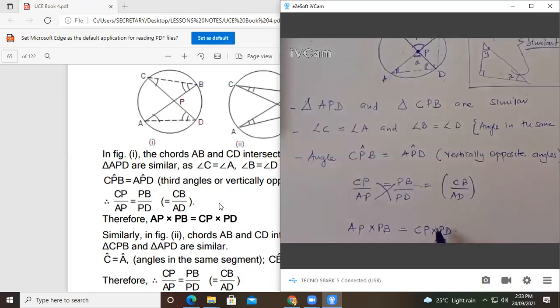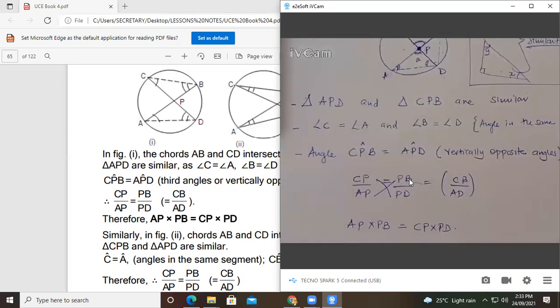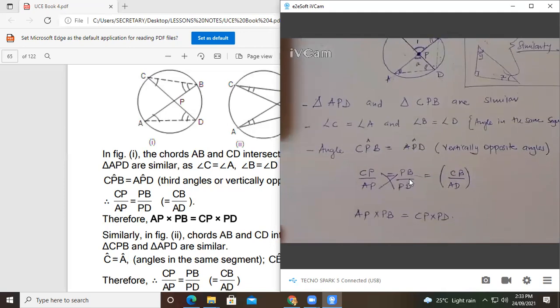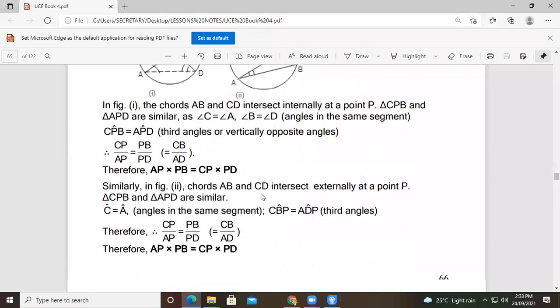That's what we looked at when you're looking at similarity. Remember very well. So you can also use that property in case they ask you to find the length CP. If these other lengths are given, you can find the length using this kind of similarity that we have there.